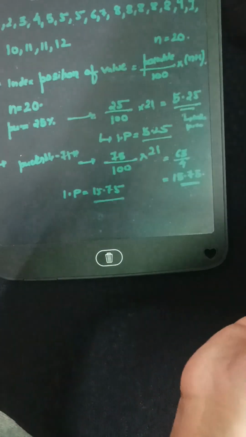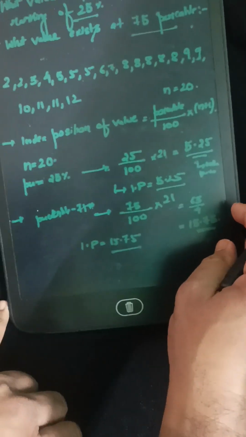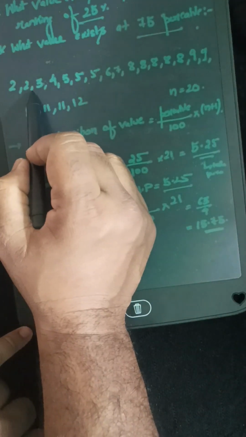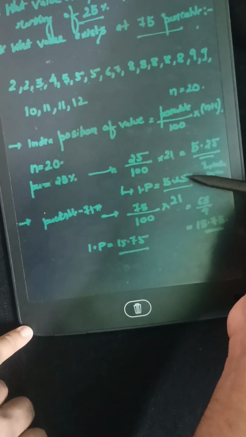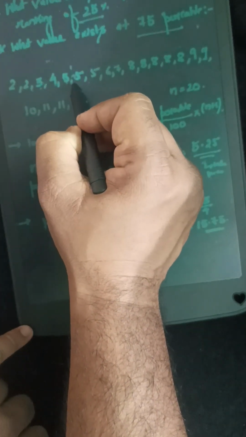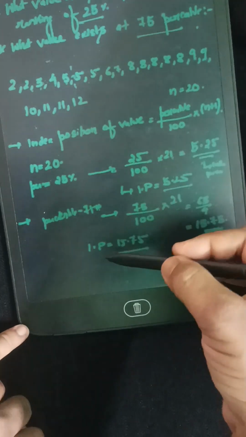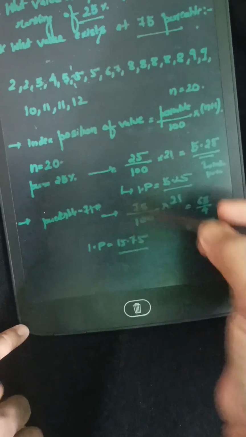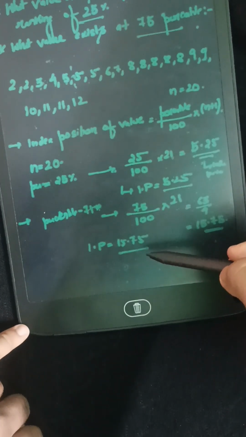Because these are fractional values, 5.25 means, let's see on the data set, 1 2 3 4 5. So it is greater than 5, so anywhere between this 5 and this 5. And for the 75th percentile from the left-hand side, the index position has come out to be 15.75.